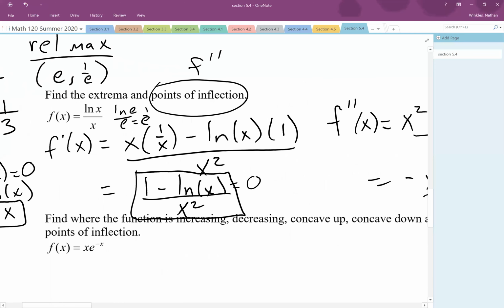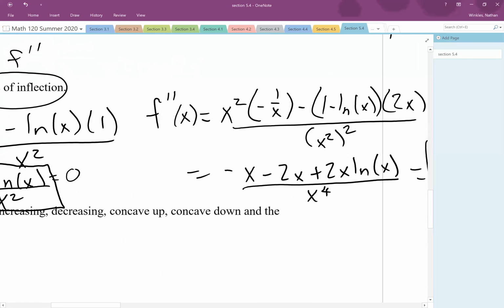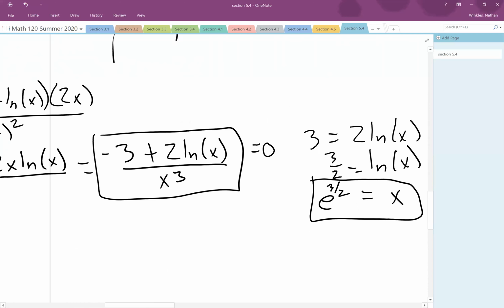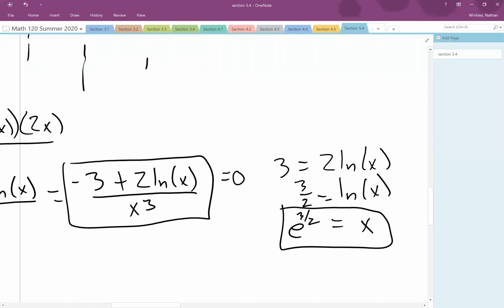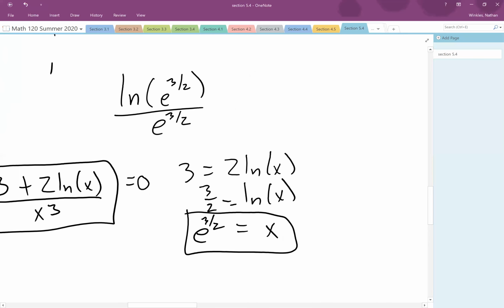Now for the points of inflection, we need to take our value we found over here, x equals e to the 3 over 2. So ln of e to the 3 over 2 divided by e to the 3 over 2. I'm plugging it back into our original. So we get 3 over 2 divided by e to the 3 halves, which is 3 over 2e to the 3 halves.